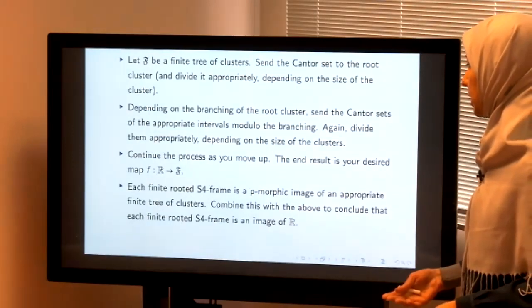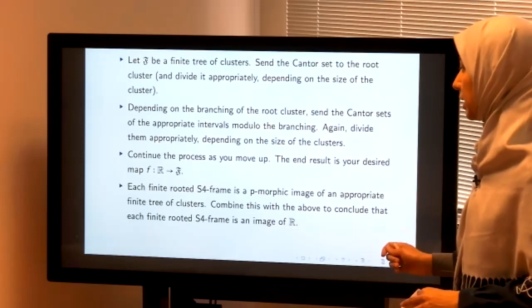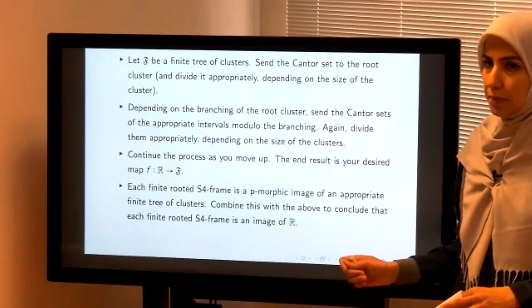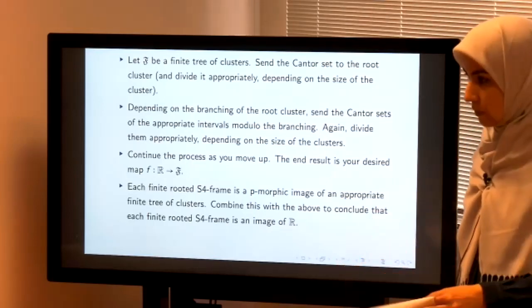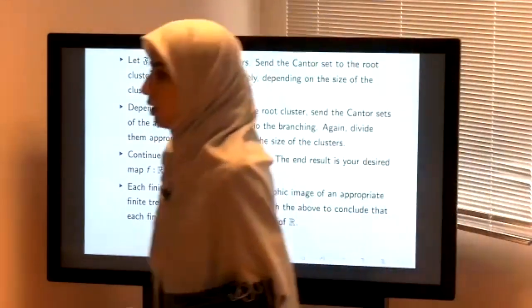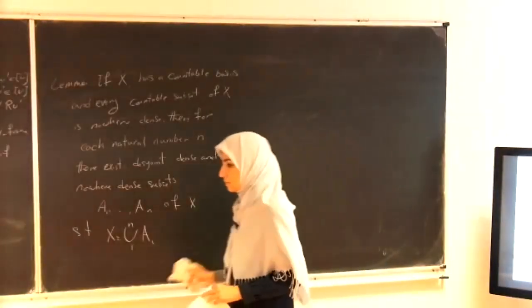Combine this with the above to conclude that each finite rooted S4 frame is an image of R. Now, by using all these results, I can show that S4 is complete with respect to R.